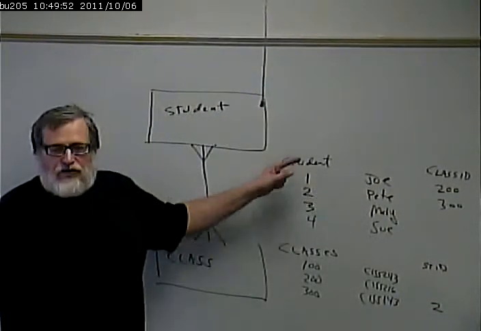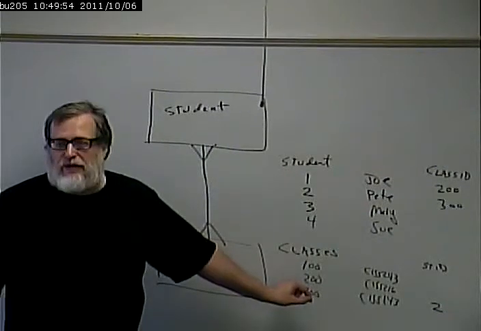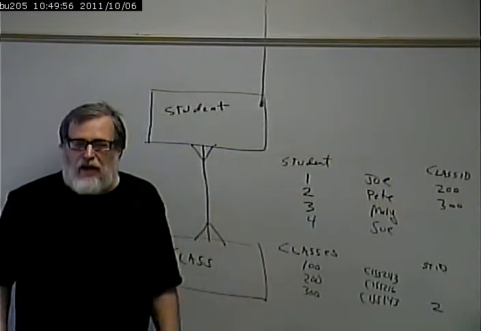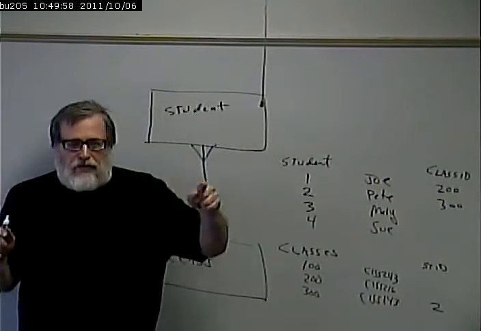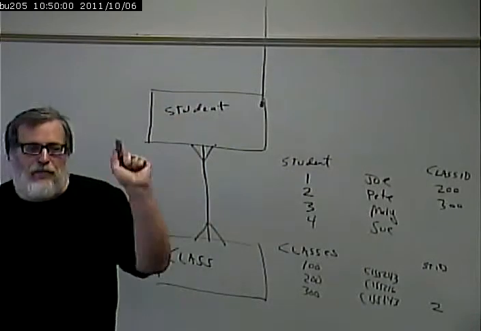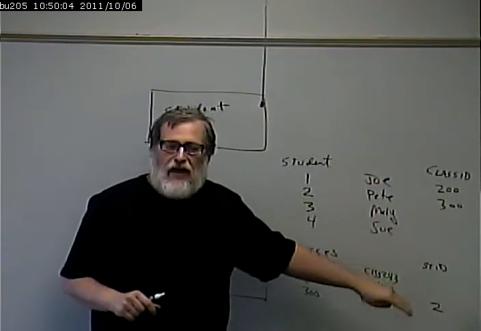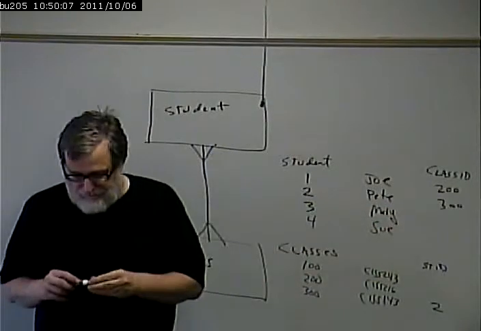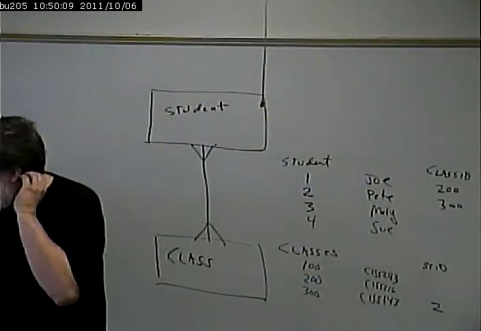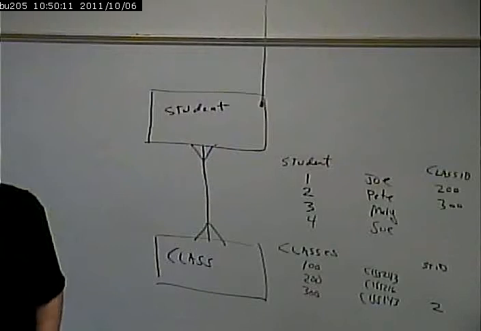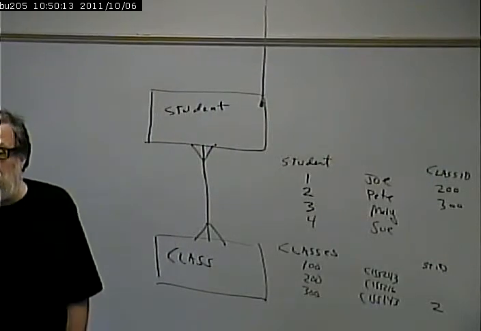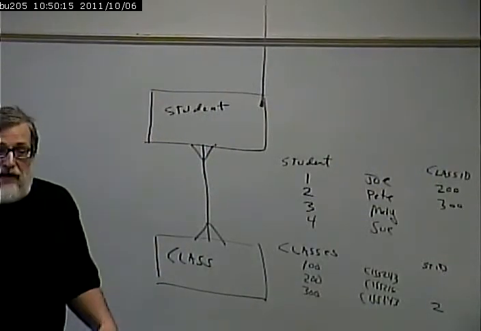There's no way to show Joe as being in CISS 143, right? Because remember, with one field, with one finger, you can only point to one thing. So this student can only point to one class. The class can only point to one student. So there's no way to directly implement a many-to-many relationship in a relational database.